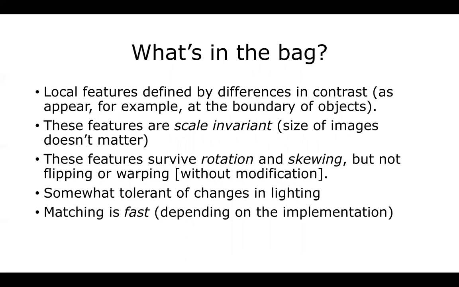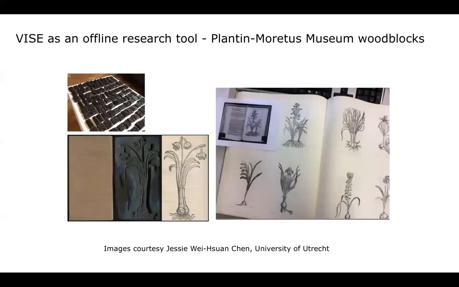We can implement means of coping with that if necessary. The features are somewhat tolerant of changes in lighting. If an image is very low contrast, then it's harder to pick out these visual words, these geometric features. And matching is also fast, depending on the implementation.